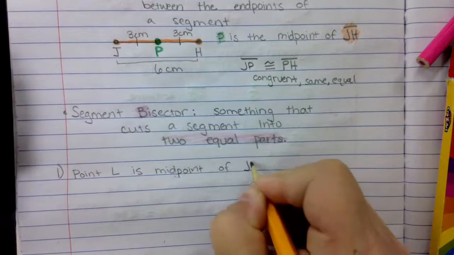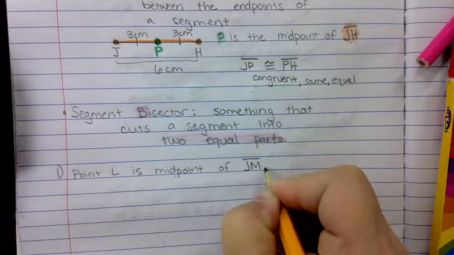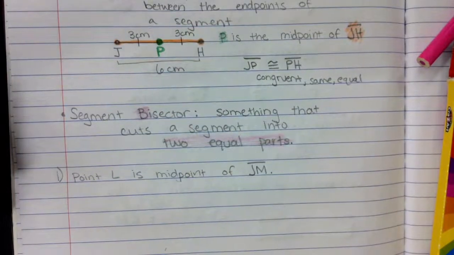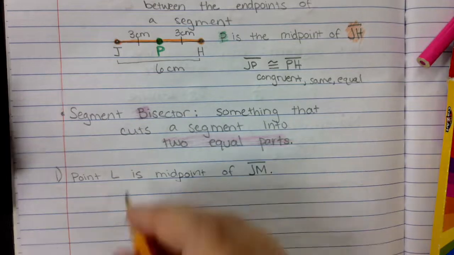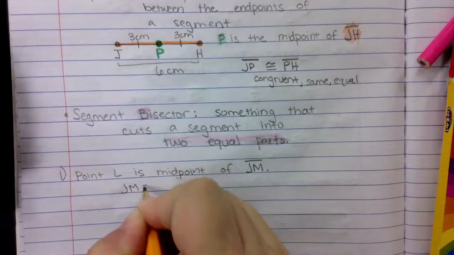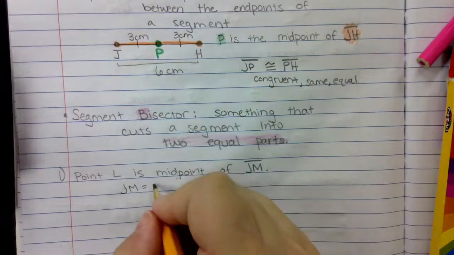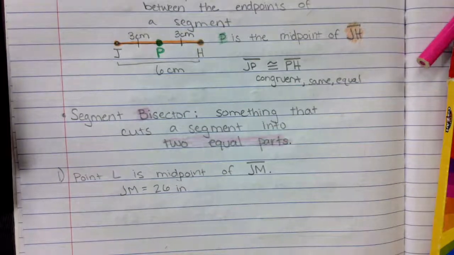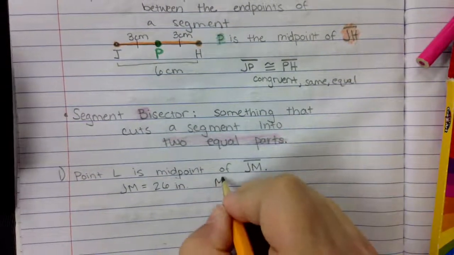So what should we do here? How are we going to solve this problem? Does anyone feel like they could start it right in their head? Yeah, you got it.